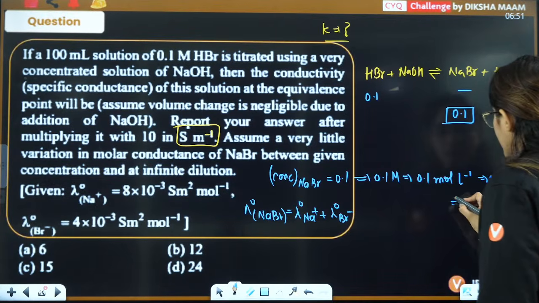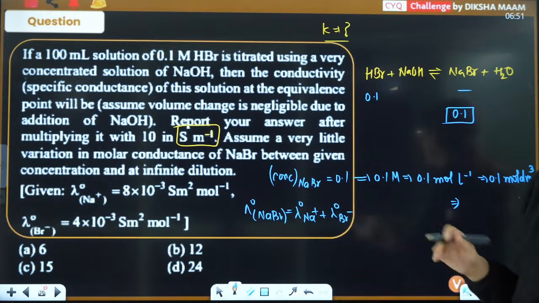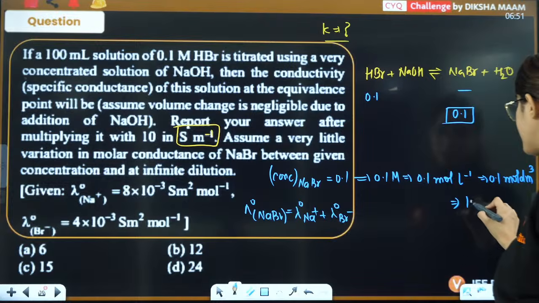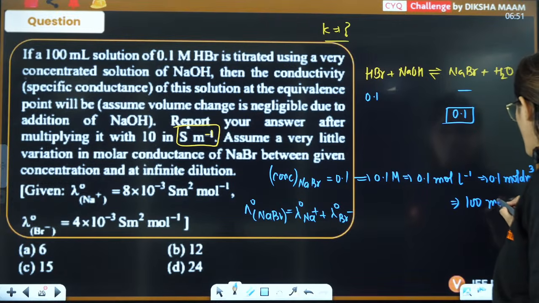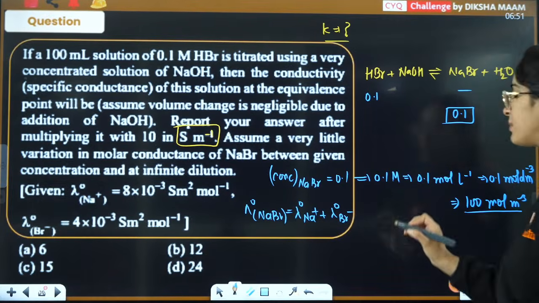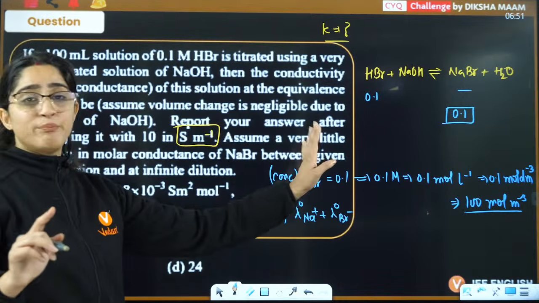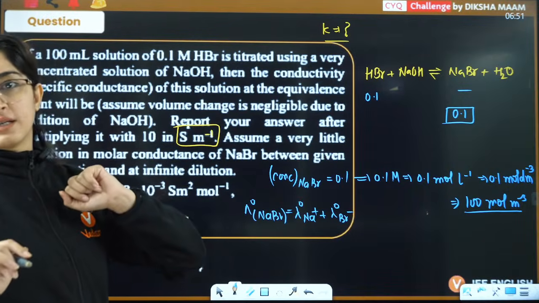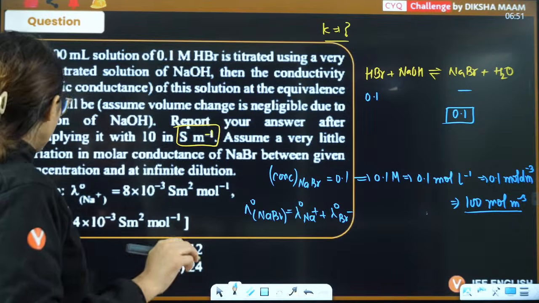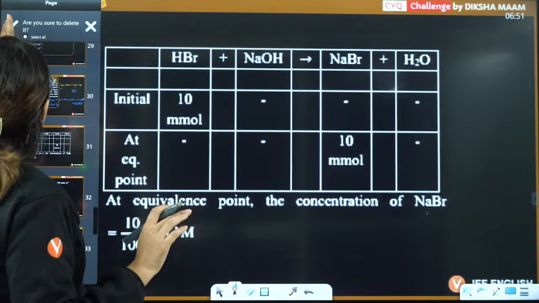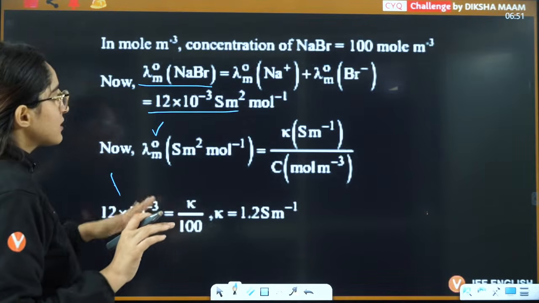And you have to convert it into meter because everything is in meter. So it will be multiplied by 1000 and it will become 100 mole per meter cube. That you must remember, that here we are calculating in meter, not decimeter. That's why this question is so important, because the problem here is the unit conversion only.